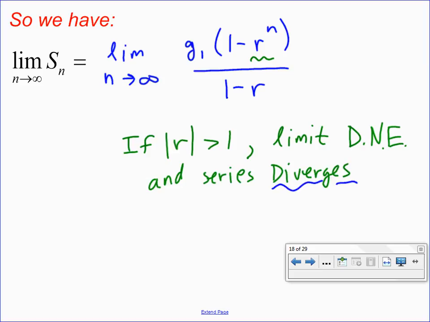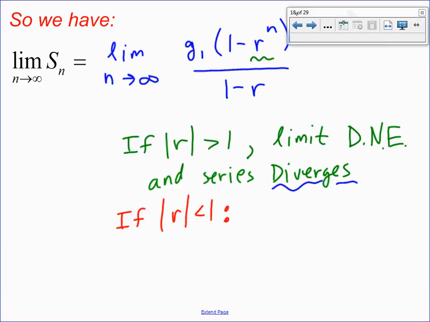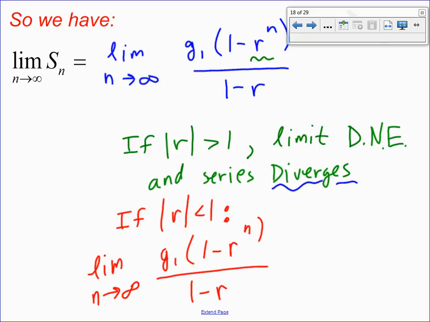Here's the kicker. If the magnitude of r is less than 1, however, then the limit as n goes to infinity of g sub 1 times 1 minus r to the n all over 1 minus r. What happens to r to the n if r is less than 1?